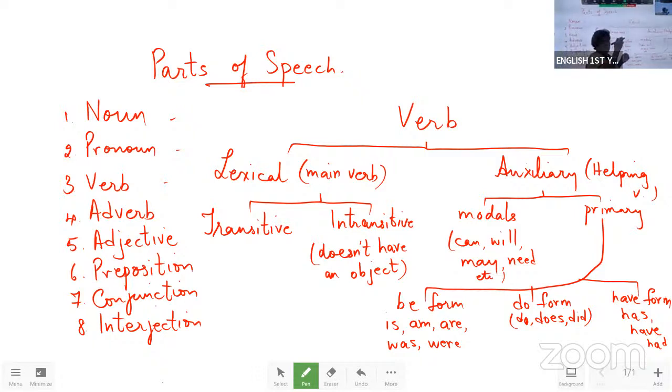If you remember one, automatically the others will come. Be form is important because usually with be form, you don't remember is, am, are, was, were. Do, you'll remember do, does, did, and have, has, have, had. That is again very easy. So please, children, make a note of this tree diagram.